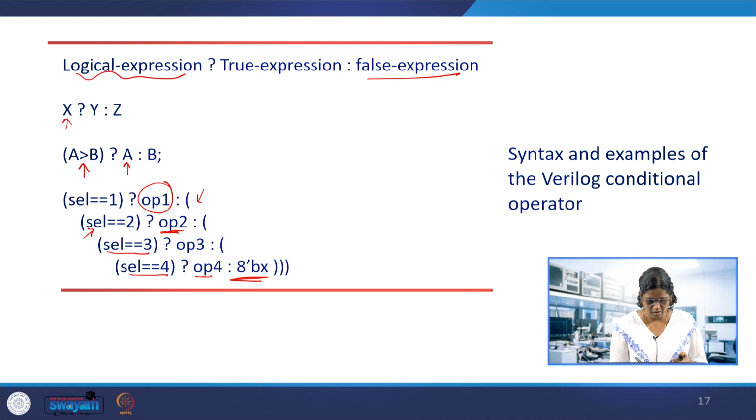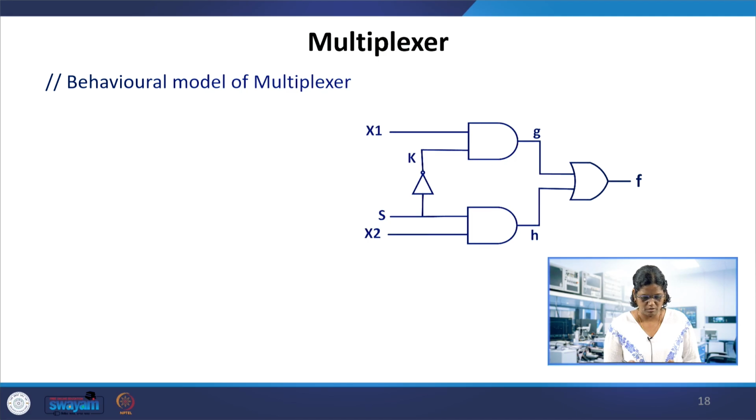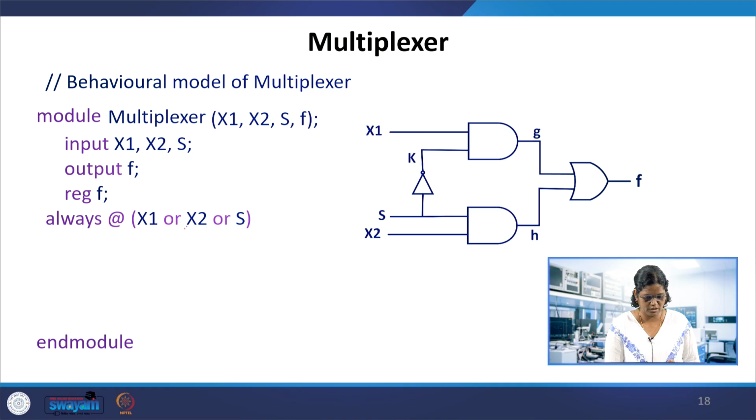In our case, we take the example again and use this ternary operator also. It's a behavioral model. Before that, module multiplexer with x1, x2, s. Input is x1, x2, s, output is f, and the reg declaration is required because we are using the always block at x1 or x2 or s.